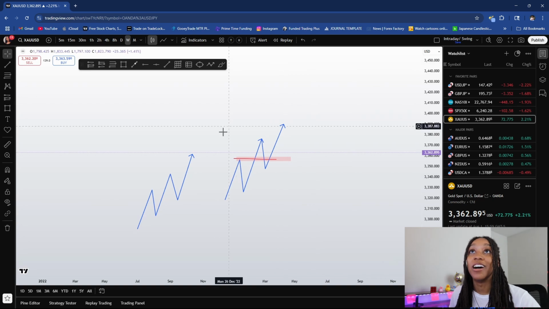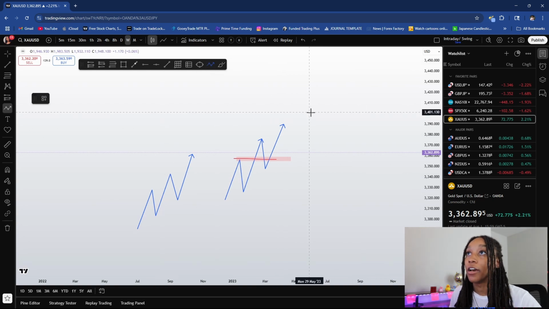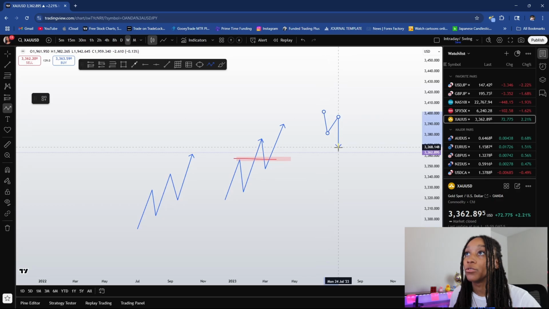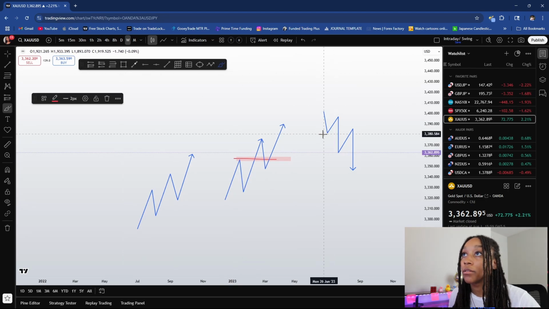That's essentially all I'm looking to do. Very simple. If it's a downtrend, the market will make lower highs, lower lows, lower highs, lower lows. Same thing: price is breaking structure here, breaking structure here.